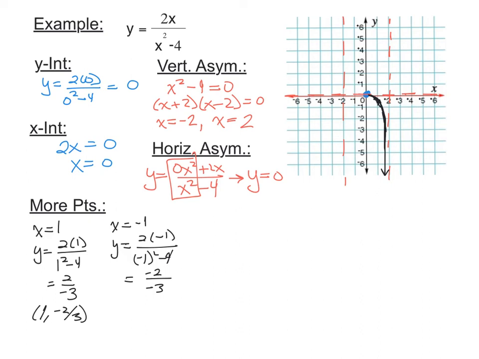That fraction is going to simplify to positive 2/3, so when x is negative 1, y is positive 2/3. Plotting that point, I'll go back 1 and up 2/3. And now I know what the rest of this center piece looks like. It's going to go through my x-intercept and through the point that I just plotted. After that, it's going to get closer and closer to my asymptote.